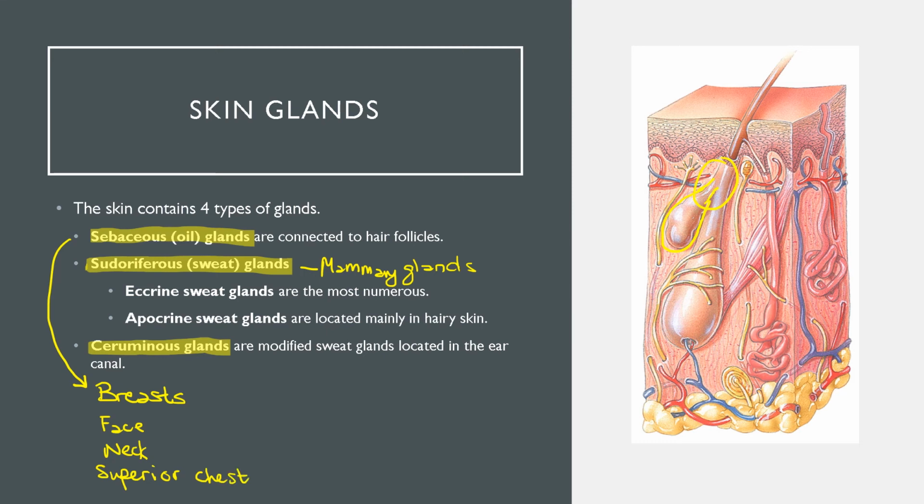These glands will secrete an oily substance called sebum. And sebum is a mixture of triglycerides, cholesterol, proteins, and inorganic salts. Sorry, that's oil there.